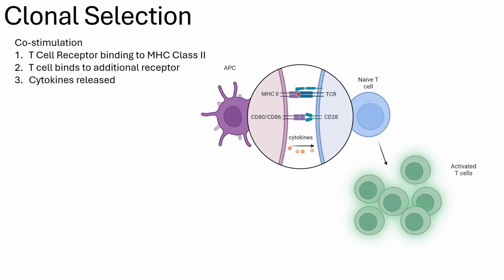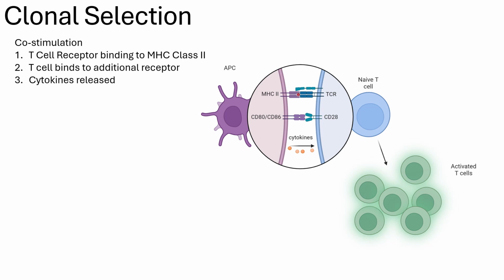Okay, so we've presented an antigen. What we want to do now is make a whole bunch of T cells that are primed to destroy it. But before we do that, we have to have this co-stimulation. This is the process of the T cell binding to a second receptor protein in the cell membrane of the APC.